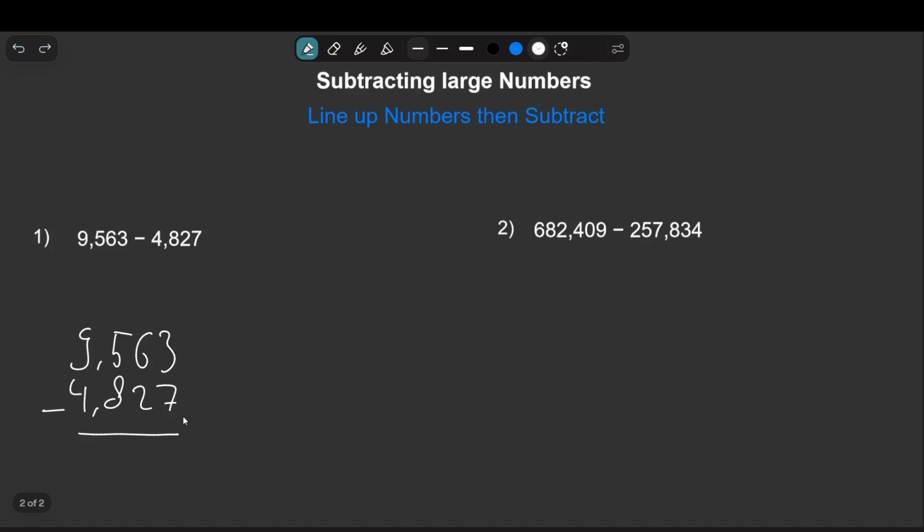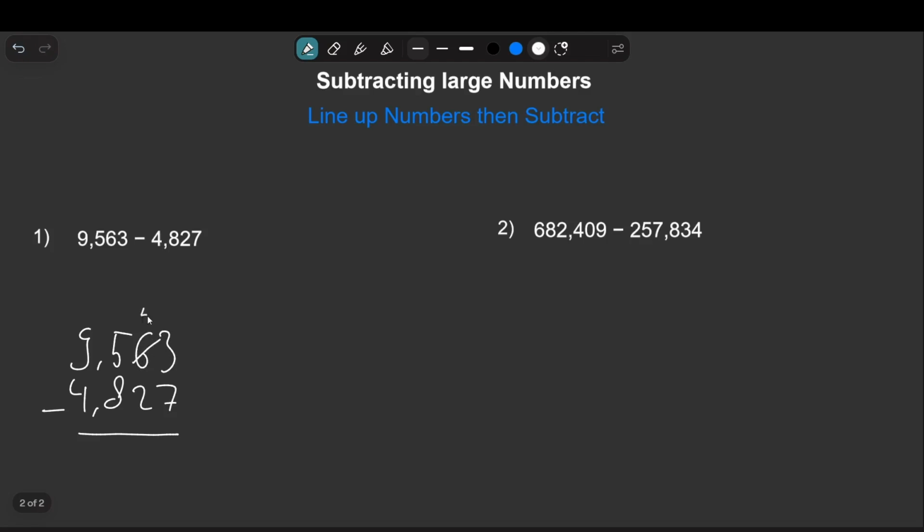As you can see here, 3 minus 7 would be a negative number. But what we can do is, instead of carrying over the 1, what we do with addition, we have to borrow 1 from the number left to it. So now we can borrow 1 from the 6.